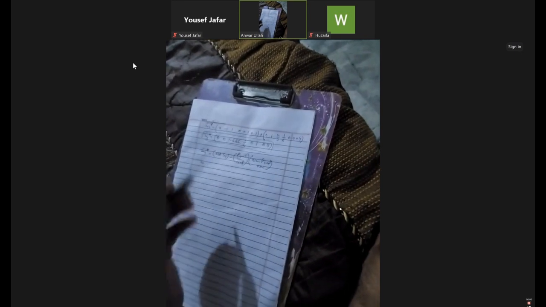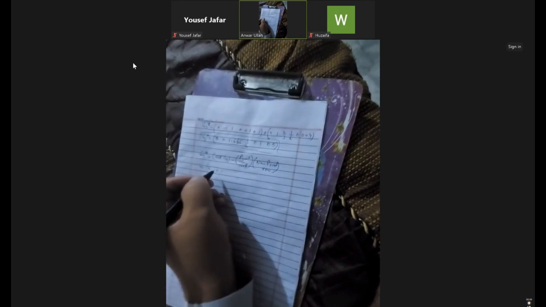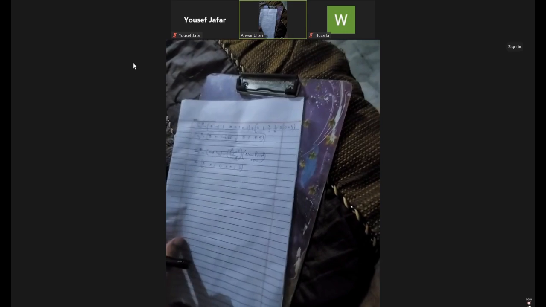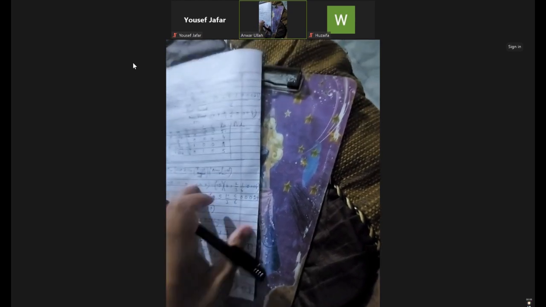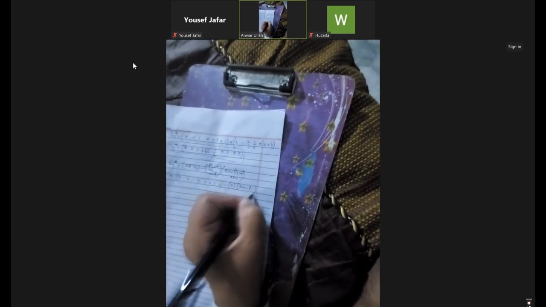Here the old S4 is 0, 0, 1, 0, 0, 0, 1, 2, minus the pivot coefficient, which here is 0, into the new pivot row.